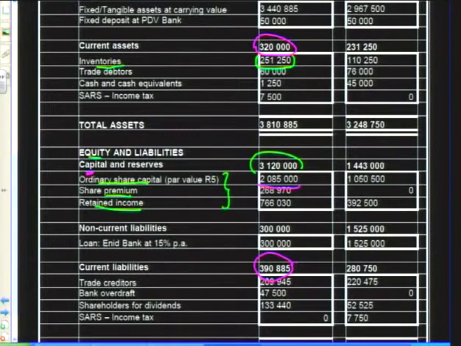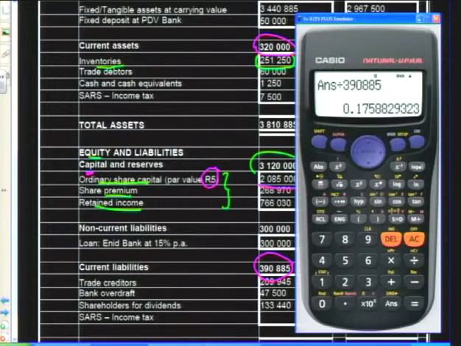and the amount 2,085,000. And I also need par value, which is given to me as well. Par value is 5 rand. So by taking my ordinary share capital divided by 5 rand, I'm going to get the number of shares issued. So let's do that. Okay, so we've got 2,085,000.